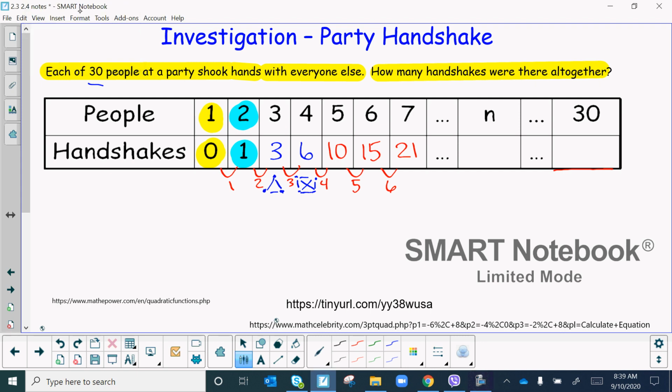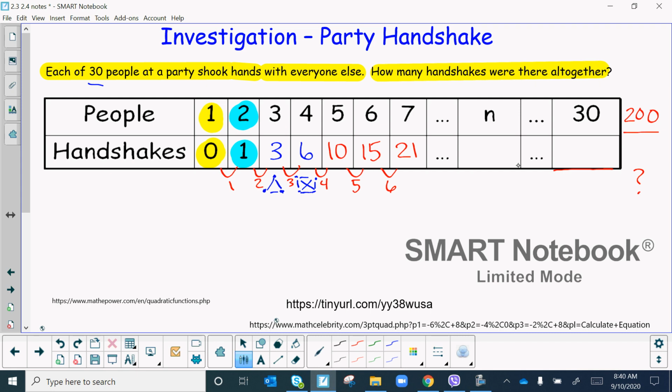Okay, so we want to think of a mathematical model, meaning like an equation or the nth term, like we talked about last time, to see if we can just plug in a 30. Because if, let's say, there was 200 people at the party and they all shook hands, how many handshakes would there be? Well, you're not going to keep counting up all the way to 200. That's just too many.